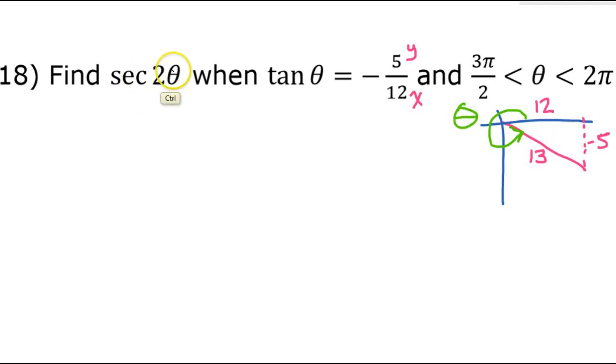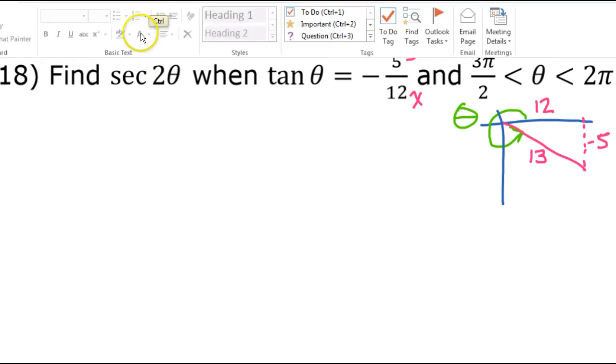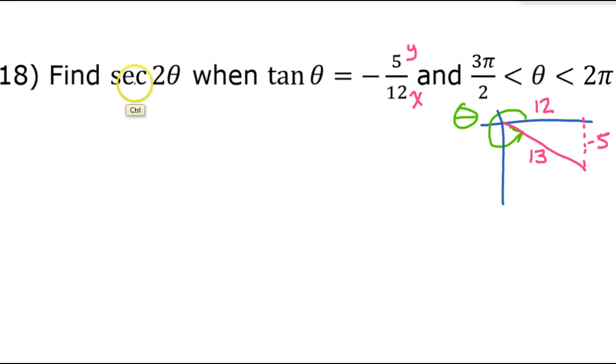Anyway, so secant of 2 theta. I'm going to come back to that because I don't have a formula for secant of 2 theta. I have a formula for the cosine of 2 theta. So I'm going to start by finding the cosine of 2 theta, and secant is just the reciprocal of cosine.